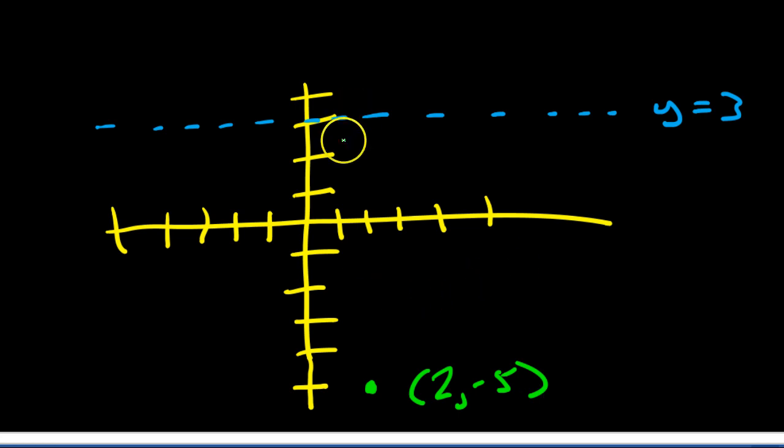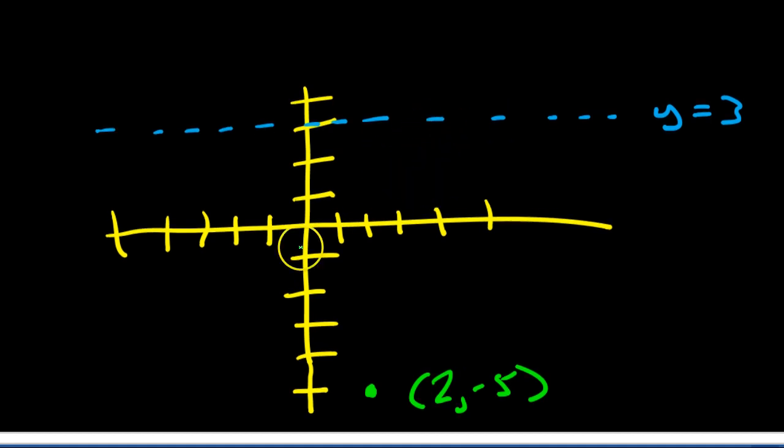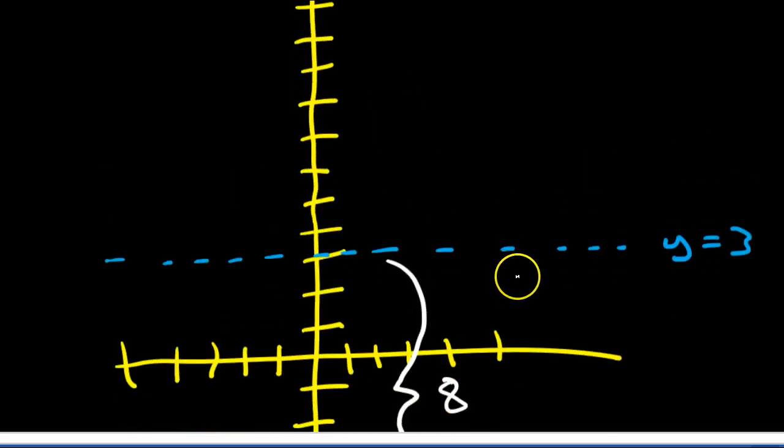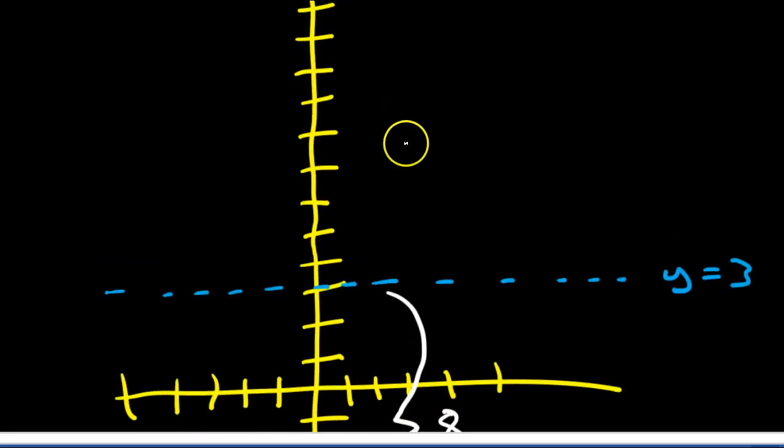Now I need to reflect this point over this line. I think I'm going to need more space in this. Notice how this point is 8 spaces below the line y equals 3. This is a distance of 8. So if I'm going to do a reflection, I need to go 8 spaces above this line.